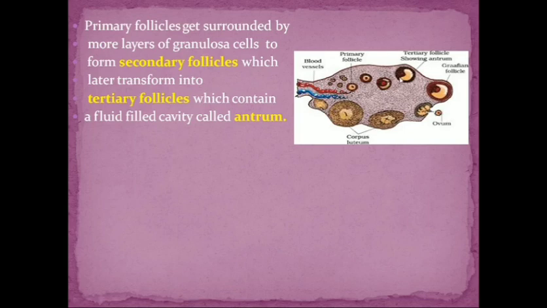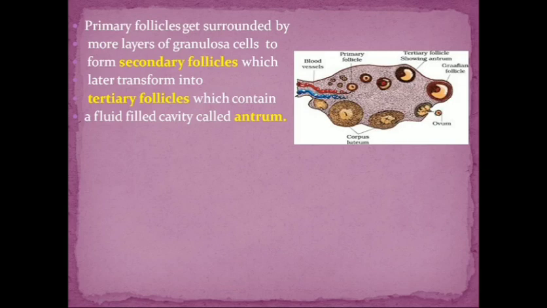Now the secondary follicle slowly transforms into a tertiary follicle. By the time a primary follicle gets transformed into a tertiary follicle, a cavity develops inside, and the primary oocyte is pushed towards one side, surrounded by 2 to 3 layers of granulosa cells, which we call the theca externa and theca interna.